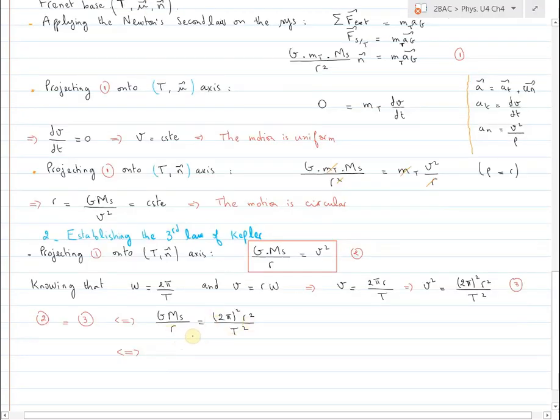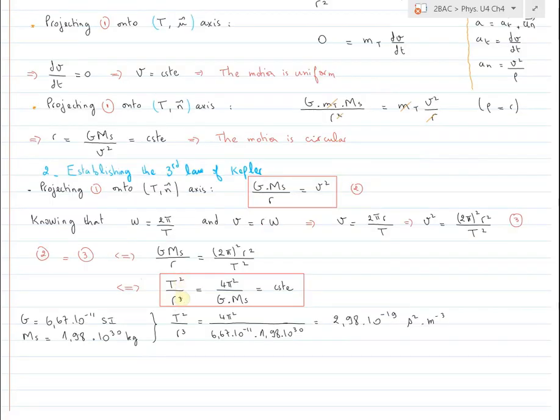Rearranging this equation, T squared over r cubed will be equal to 4 pi squared over G m_s, which is equal to a constant. So we found out that T squared over r cubed is indeed equal to a constant. 4 pi squared is a constant, G is a constant, and m_s is a constant. So we can calculate this constant.